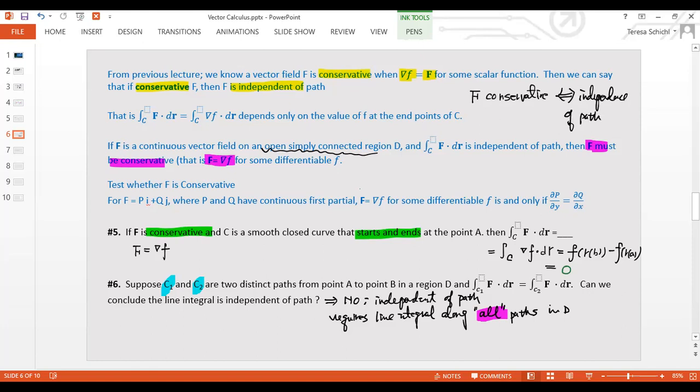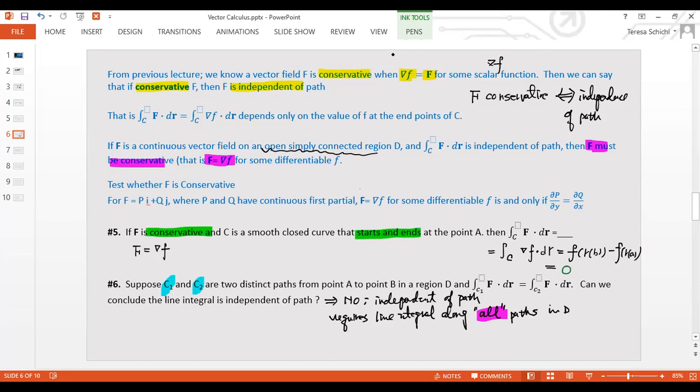We said if the vector field is conservative, then it's independent of the path, because if it's conservative, you can find the function whose gradient is F. And if it's independent of the path and F is a continuous function, then F has to be conservative. So you can go both ways here.